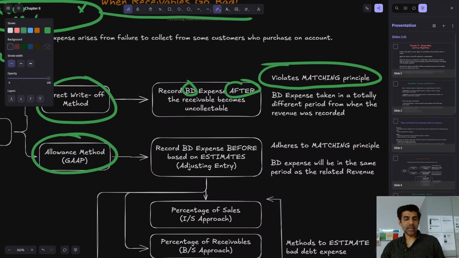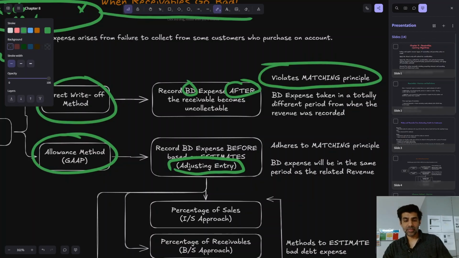We're going to do an adjusting entry at the end of our period, and we're going to estimate how much of our accounts receivable we're not going to collect. It's not going to be accurate because it's an estimate. We're going to be using assumptions. We can't predict the future exactly, but we'll make an educated guess as to how much of our accounts receivable is not going to be collectible and take the expense in the same period.